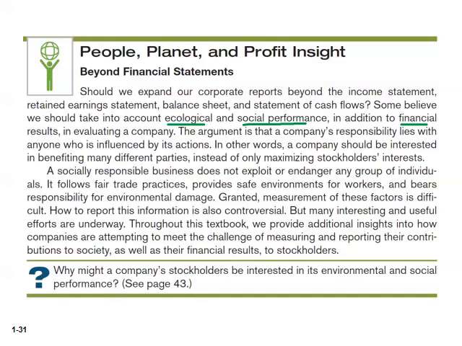Well, our basic financial statements don't show that, but some big companies put out other reports that also talk about environmental issues and social issues. They call them sustainability reports, and those exist also, but they're not part of the typical annual report.